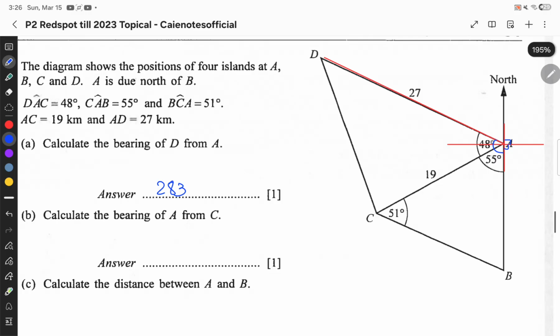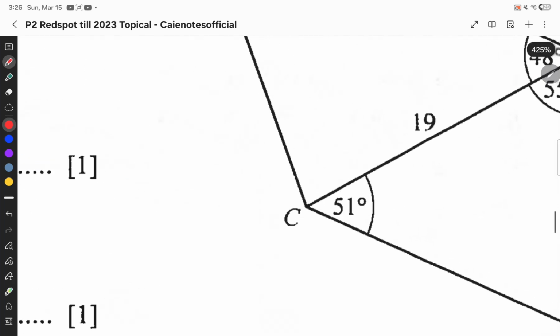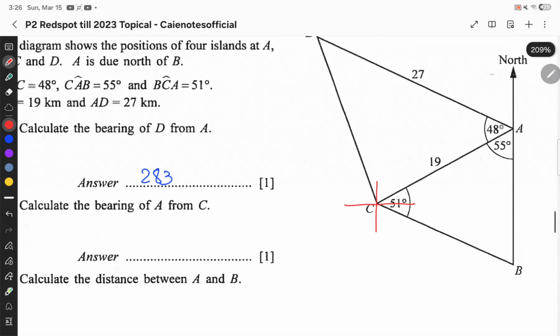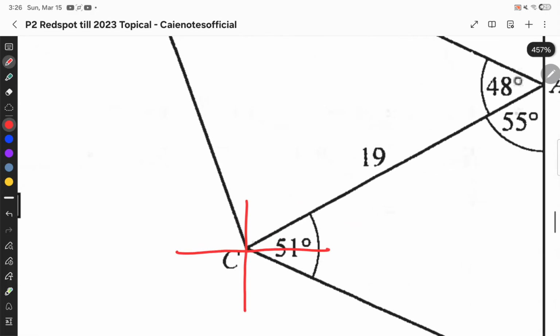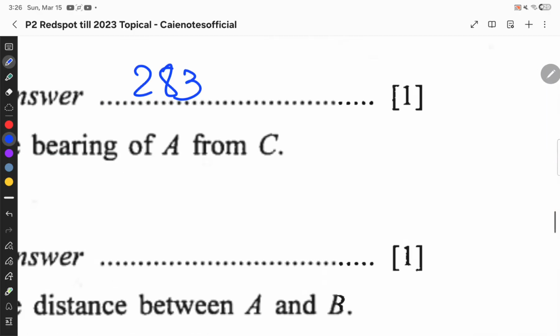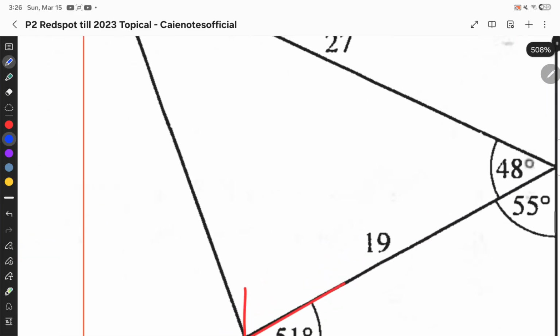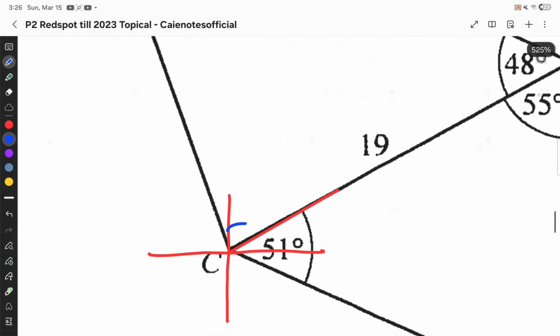Next, let's continue. Calculate the bearing of A from C. So we stand at C, we make our plus, and we go CA. Now calculate the bearing of A from C. This calls for this angle right here.